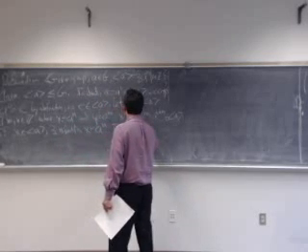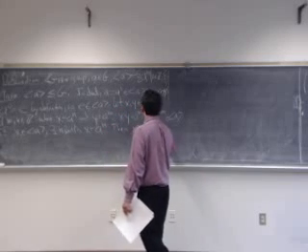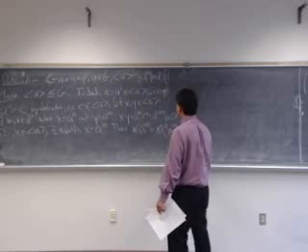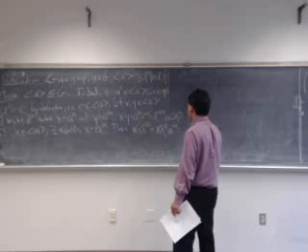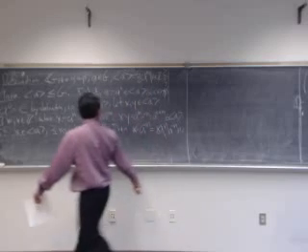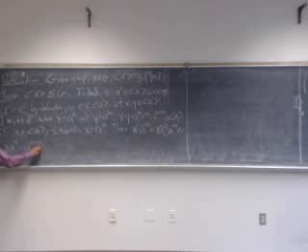Then x times a to the negative n is the same as a to the n times a to the negative n, which would equal a to the n plus negative n.